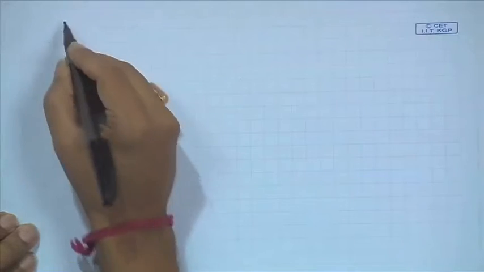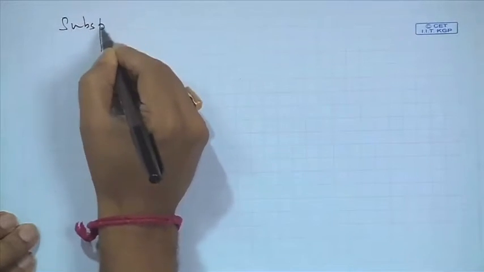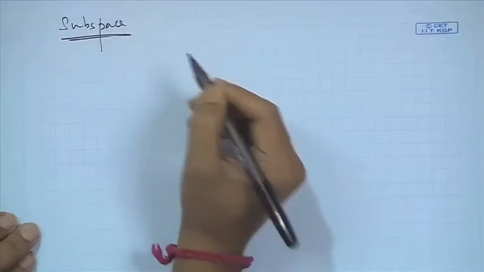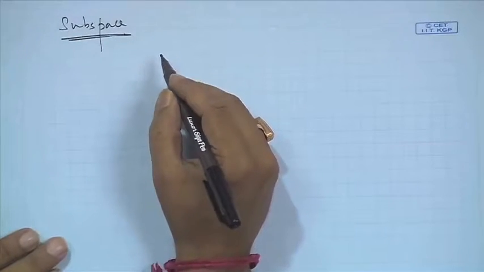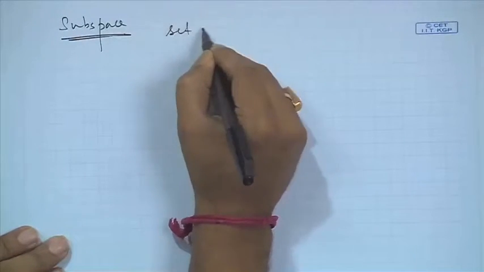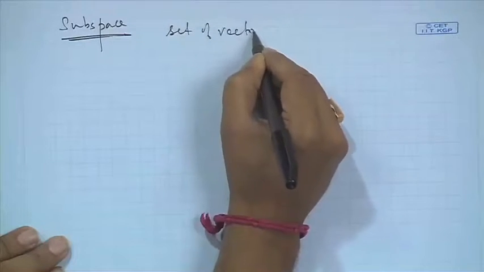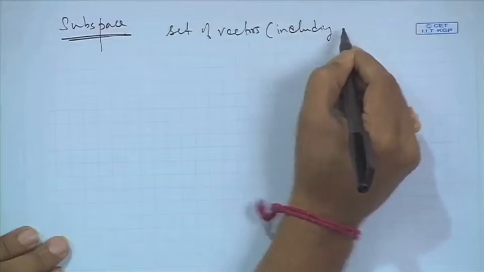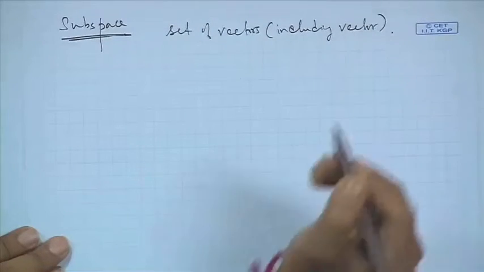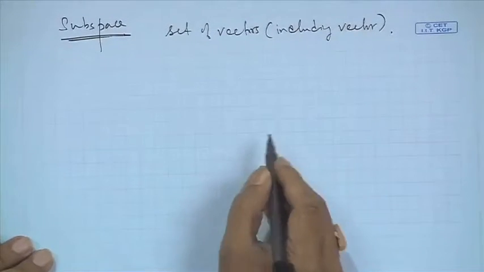We have the subspace concept. A subspace of a vector space is a set of vectors, including the 0 vector, right? So it basically contains two tenets.